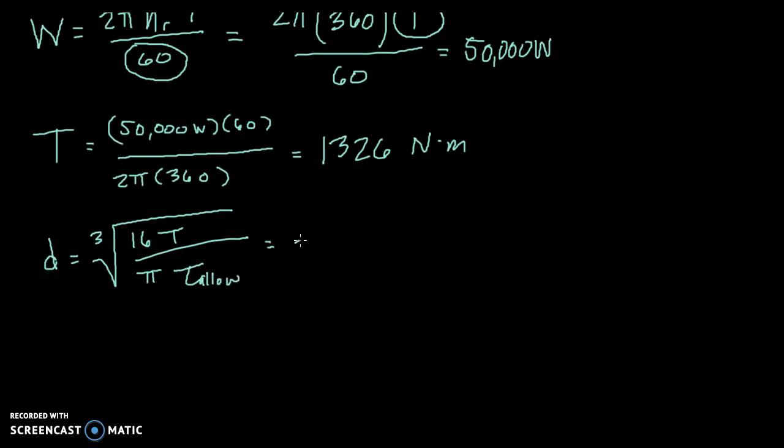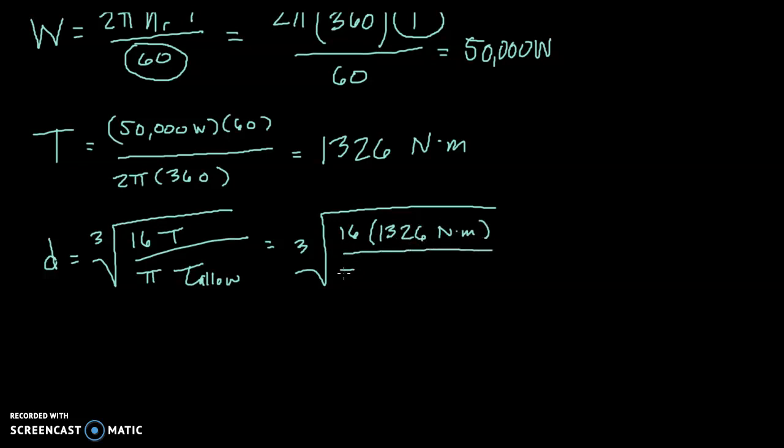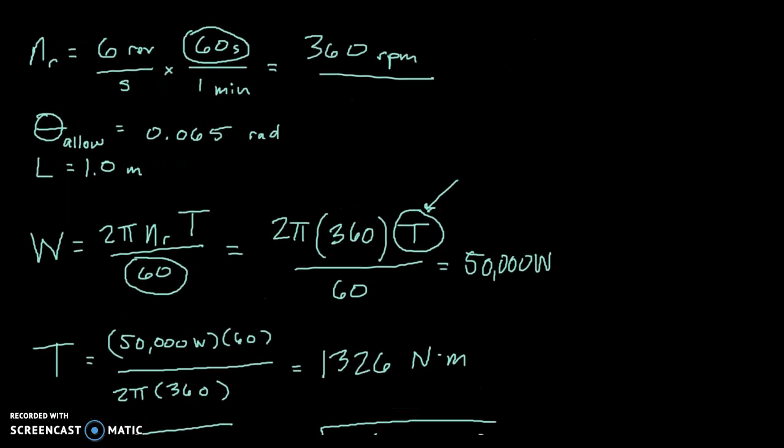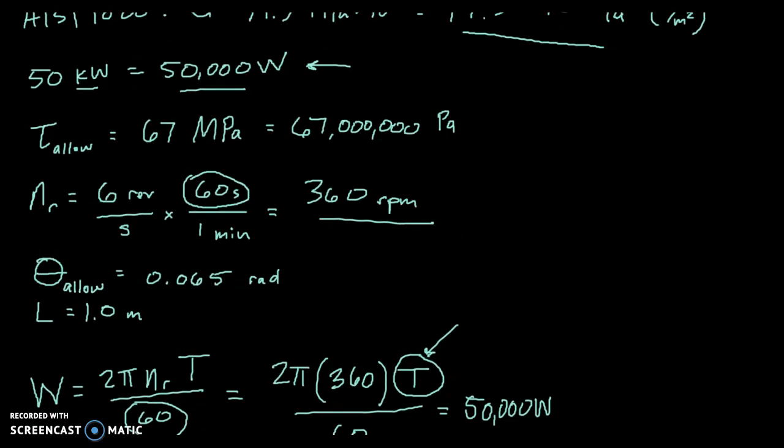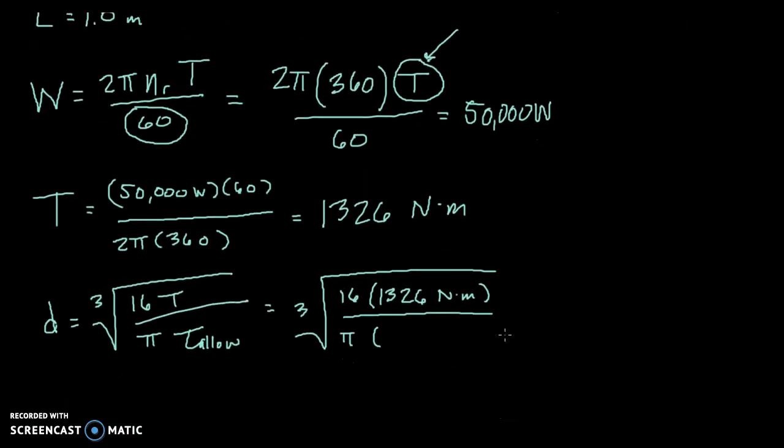So this is equal to the cube root of 16 times our torque we just found was 1326 Newton meters. And pi is just pi. And our allowable shear stress, if I peek back up here, was 67 million pascals, which is a Newton per meter squared.